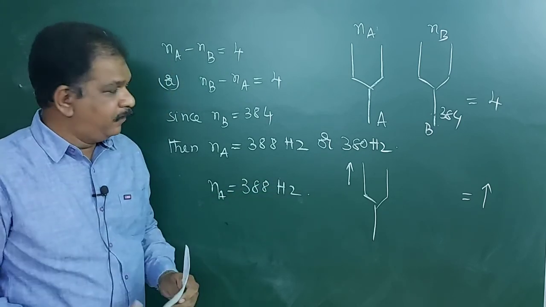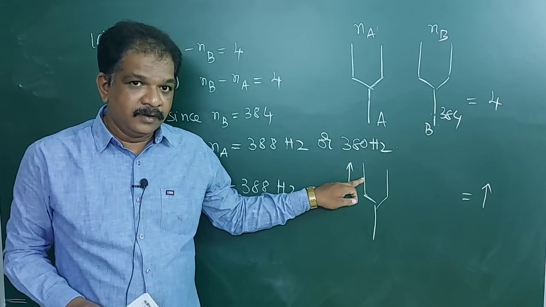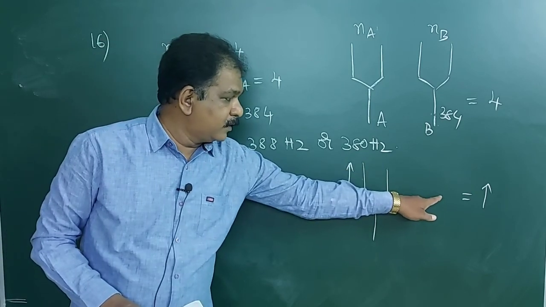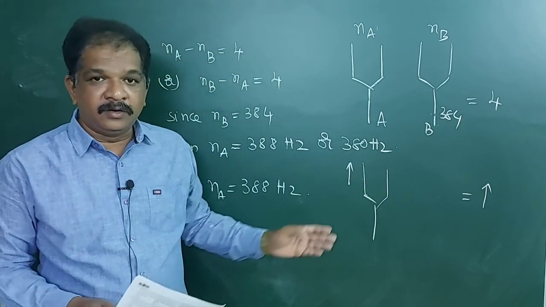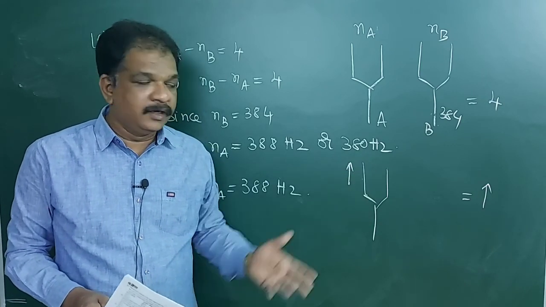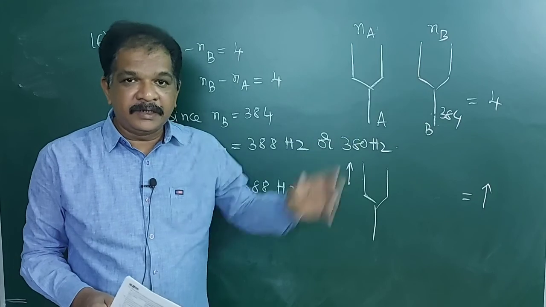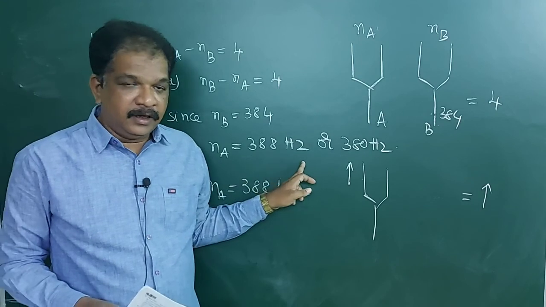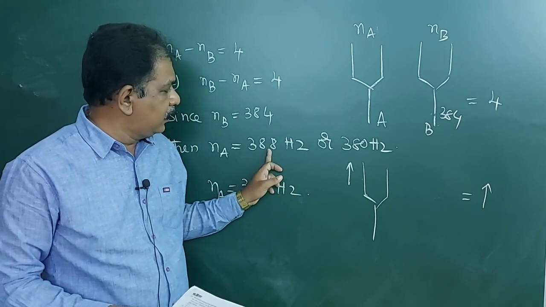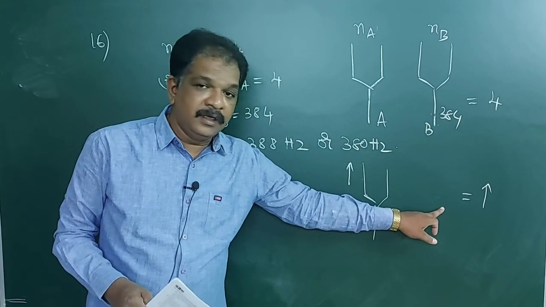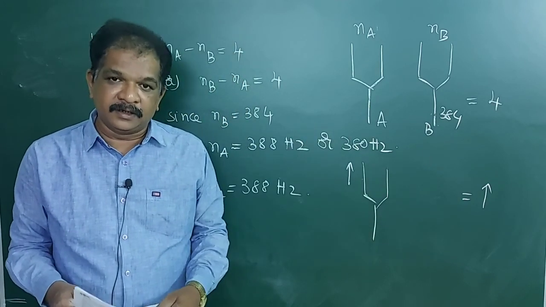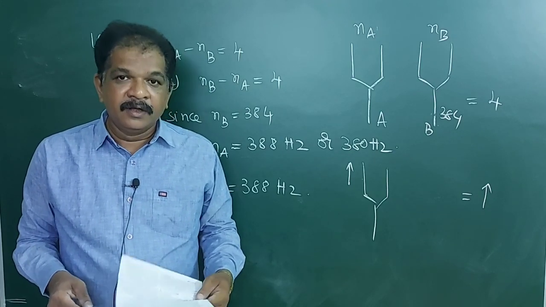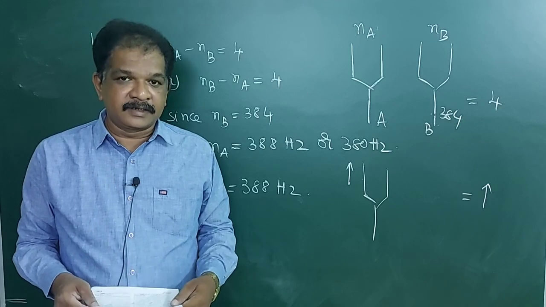My logic question: if its frequency is 380, after filing it becomes 382, and now the number of beats, 384 minus 382, becomes 2 only, decreasing. But the number of beats increased, so definitely its frequency will be 388. After filing it becomes 390, and 390 minus 384 means 6, so the beats are increasing. Okay, like this, questions will be there. So we'll stop now at this 16. Remaining problems will continue in the next class. Okay.